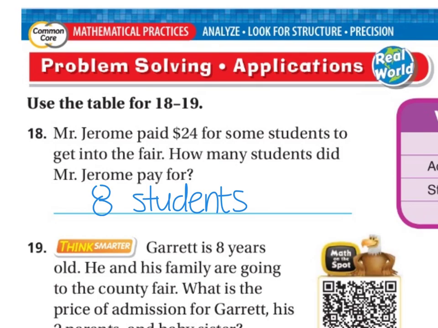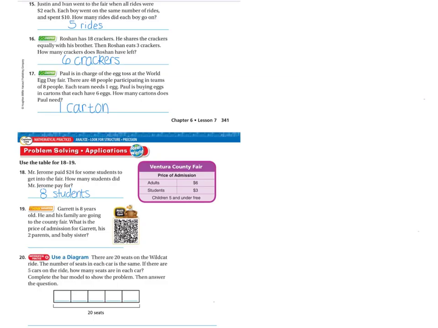The answer to number 18 is 8 students. Please fast forward if you got that answer. According to the table, it costs $3 for students to get into the fair. So if Mr. Jerome is paying $24 total, and he's paying $3 per student, if we divide 24 by $3, we will be able to figure out how many students he paid for.